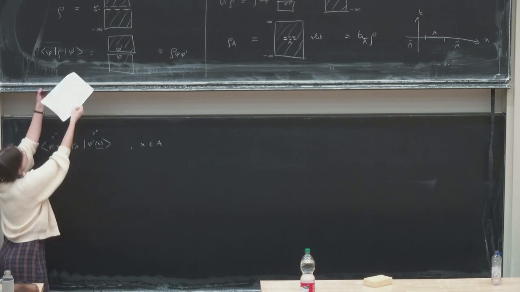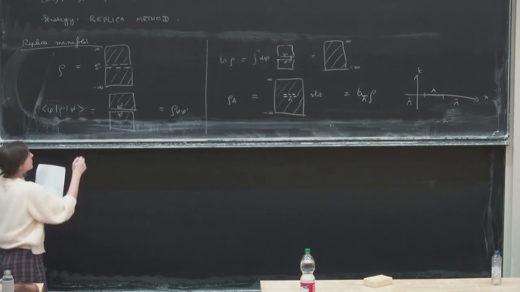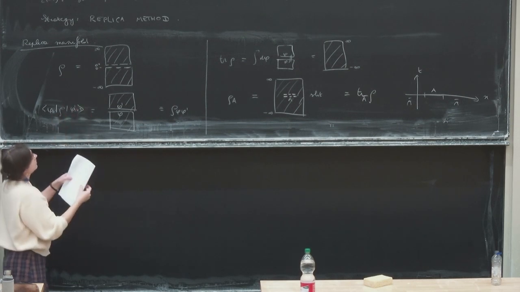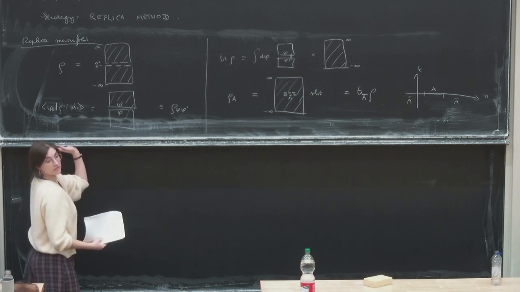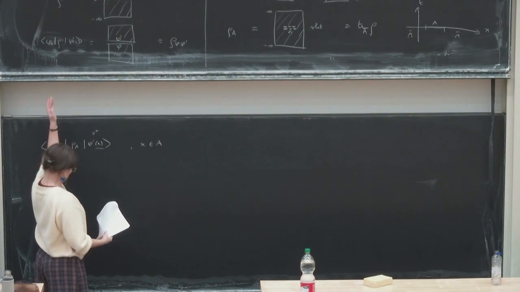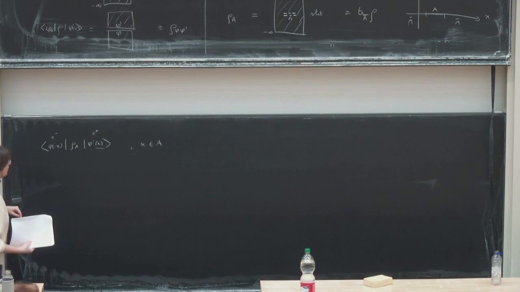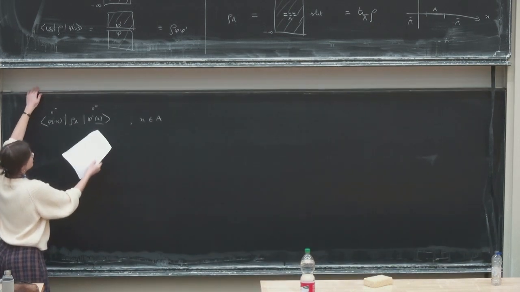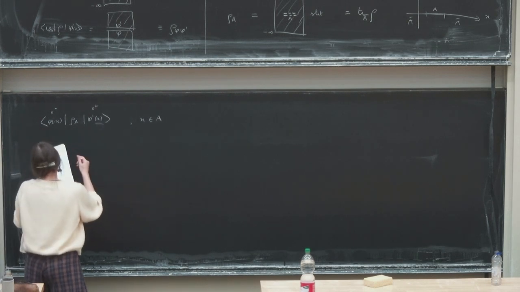I could have done this here also, but I just didn't bother because it's valid for all x, right? So here I could have put x, meaning all x from minus infinity to infinity. So here I need to specify that the matrix elements are for x in A.